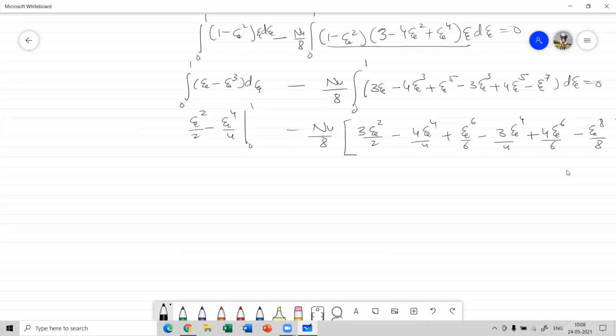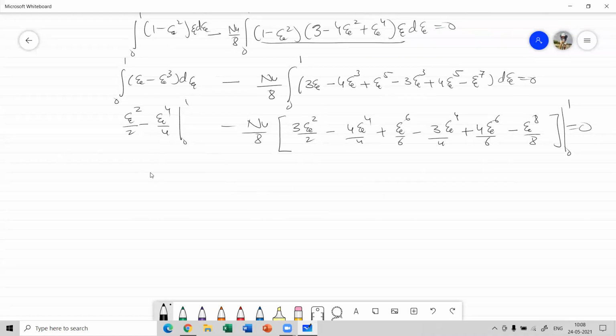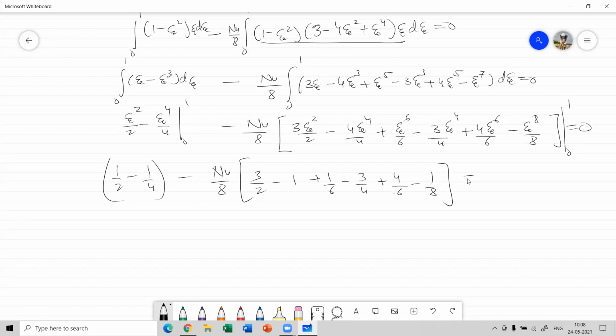If you put the limits, that will be 1 by 2 minus 1 by 4 minus Nusselt number by 8 into 3 by 2 minus 1 plus 1 by 6 minus 3 by 4 plus 4 by 6 minus 1 by 8, equal to 0. So we have 1 by 4, Nusselt number by 8, and what will be the value of this?